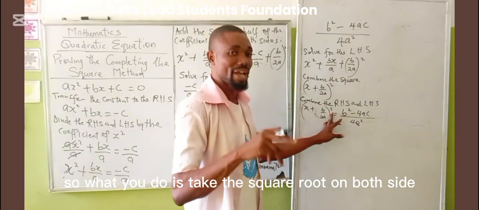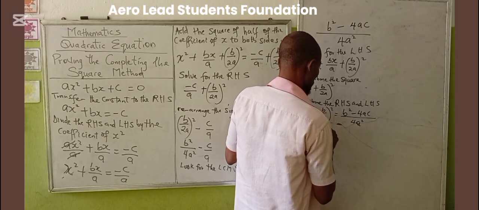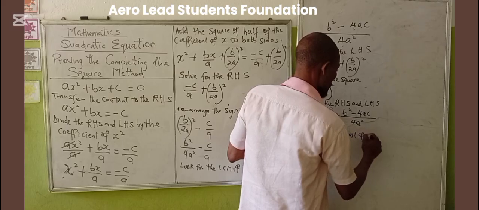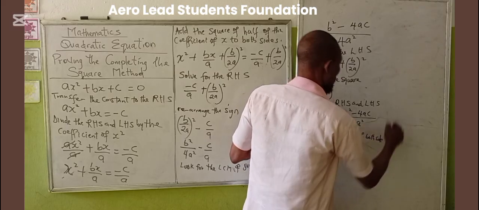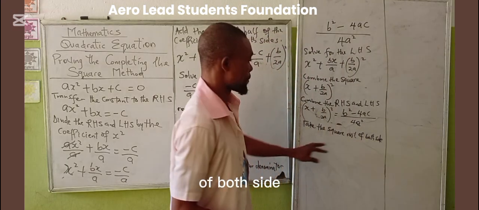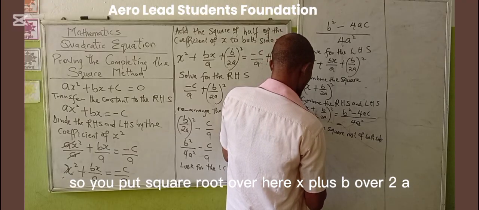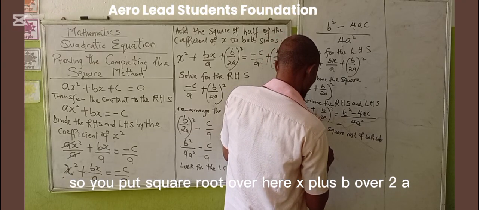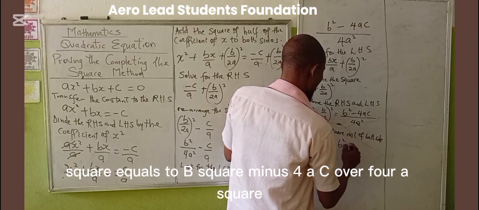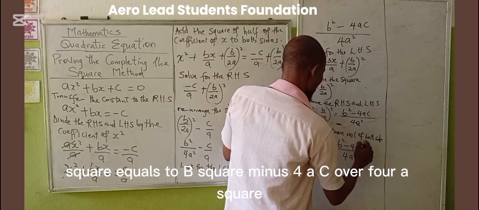So what you do is take the square roots of both sides. So you put square root over here: x plus b over 2a, squared, equals b squared minus 4ac over 4a squared.